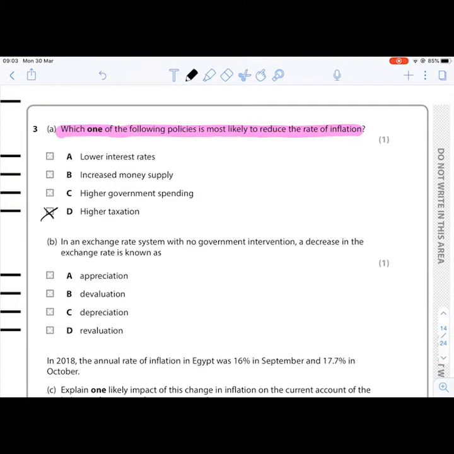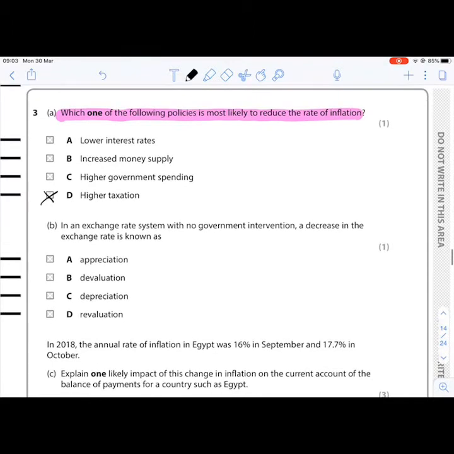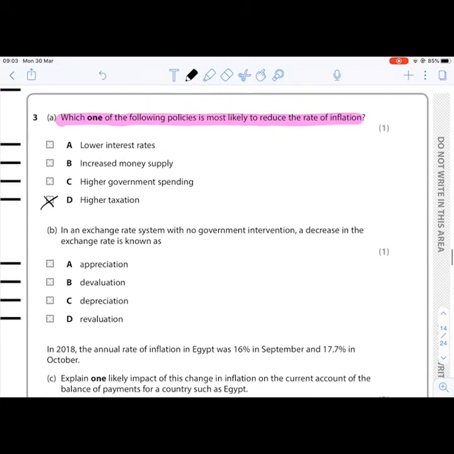So if they increase taxation, consumers will have to pay more tax, and therefore they will have less disposable income. With less disposable income, consumers will demand fewer goods and services, and as a result, price levels will fall, and there will be a decrease in the rate of inflation. So the answer is D.